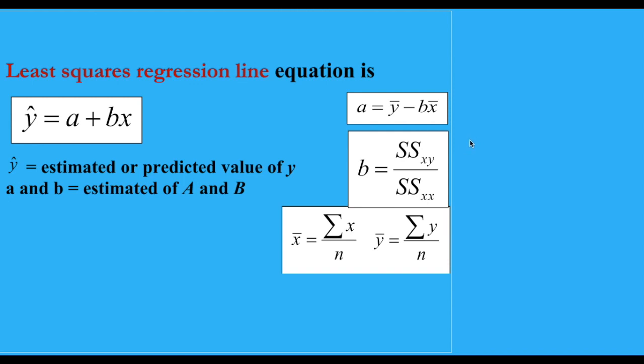To get the estimated value of the slope, or b, we simply use the sum of squares of xy divided by the sum of squares of xx, which we have actually previously calculated in your correlation coefficient, and similarly for the values of x bar and y bar.